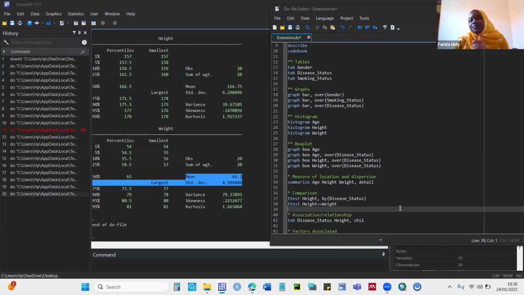For example, you have a certain drug, you want to assess if it performs well compared to the other one.